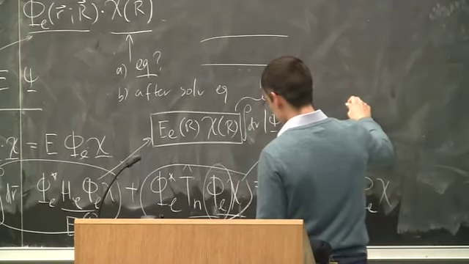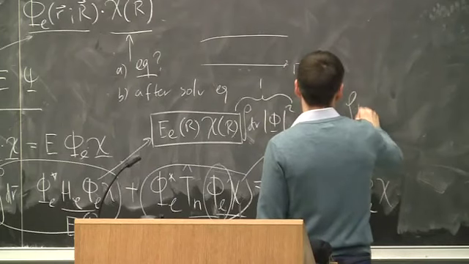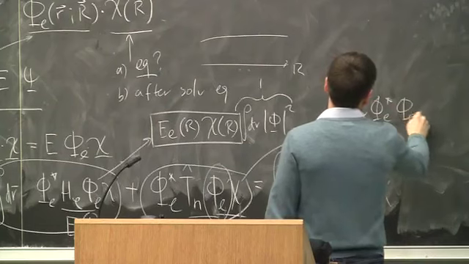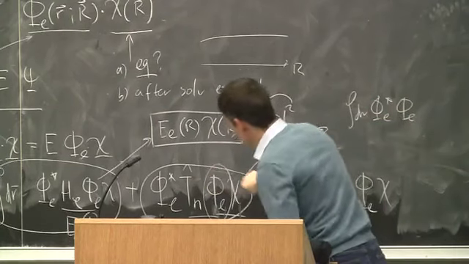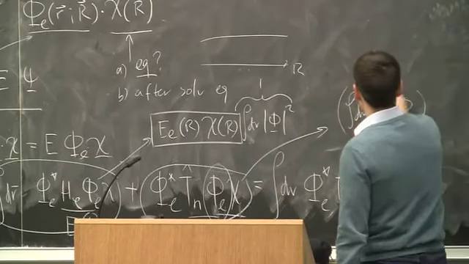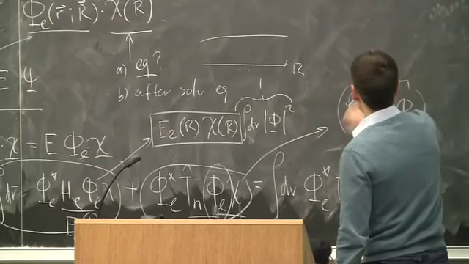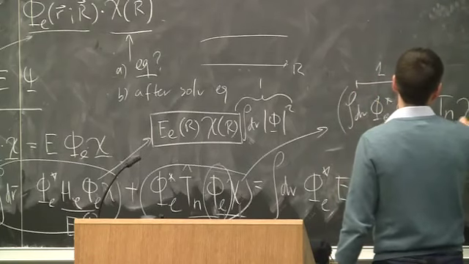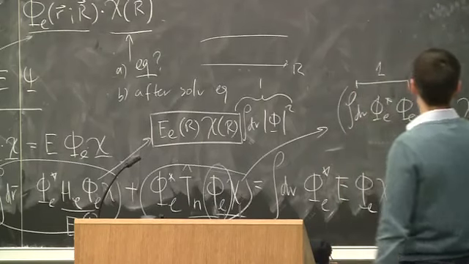And essentially what we have is the integral over the electronic variables of Fe. So we move the Tn through the electronic function. So this is 1 again, like here, and we have kinetic energy acting on the nuclear function.